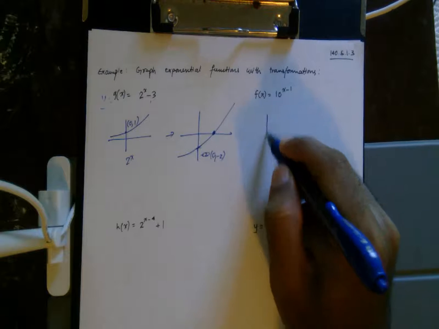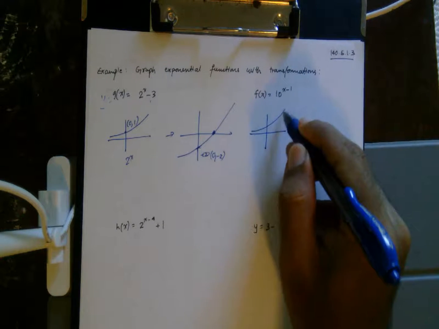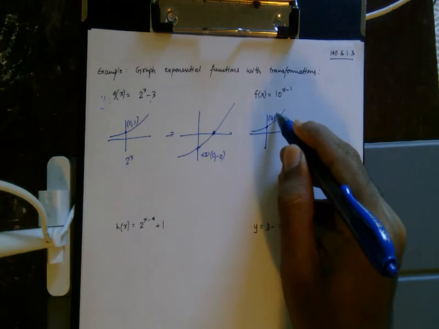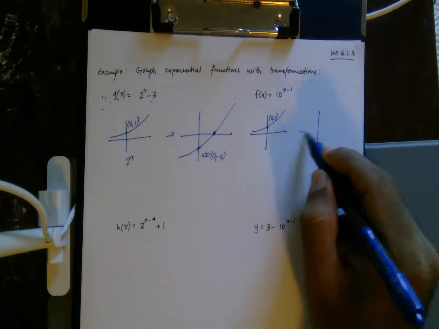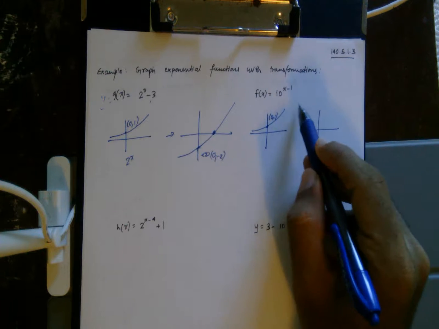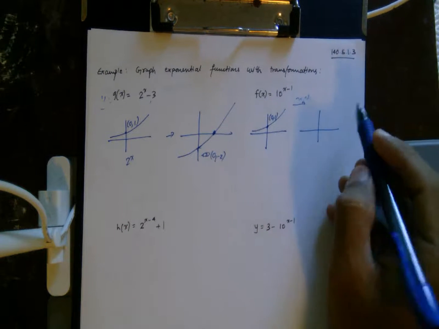Similarly, the 10 doesn't really affect it because 10 to the power 0 is still 1. In this case, you're changing x to x minus 1, right? x to x minus 1 means you move right by 1.